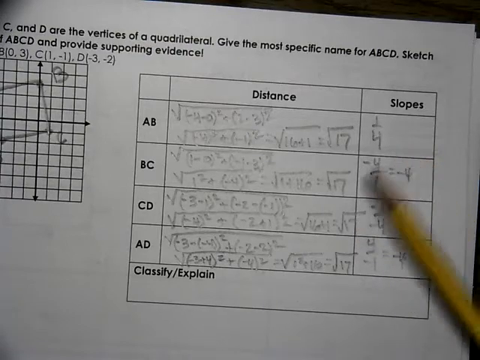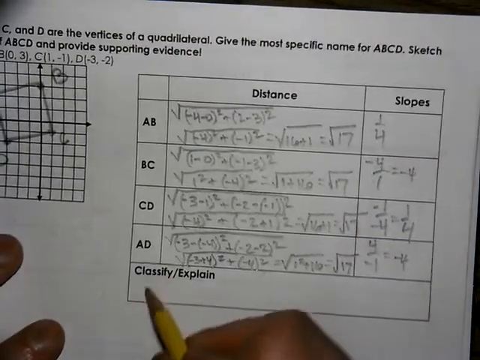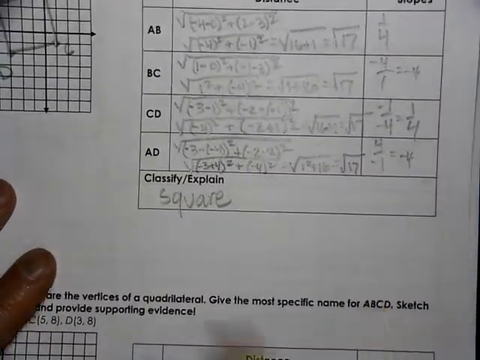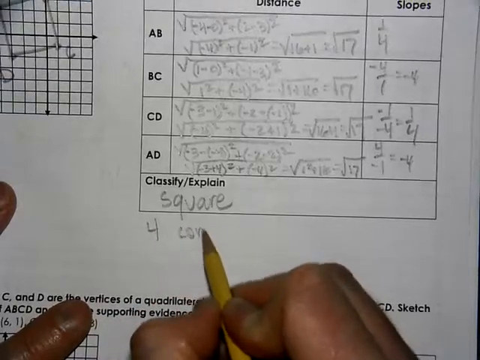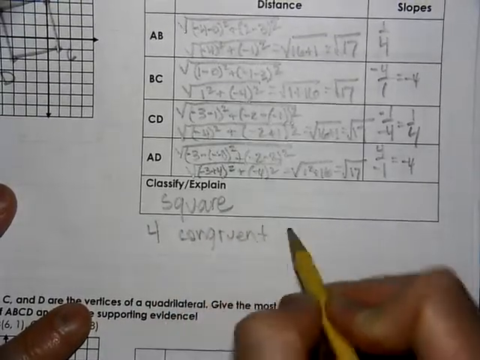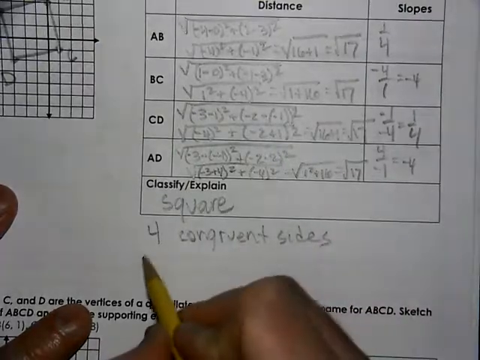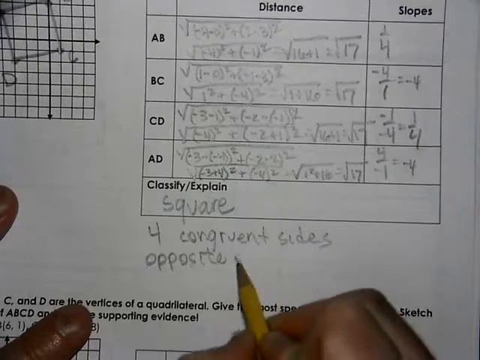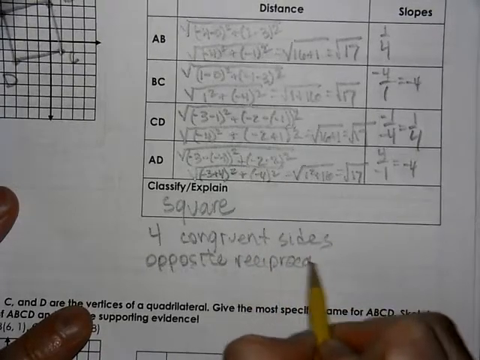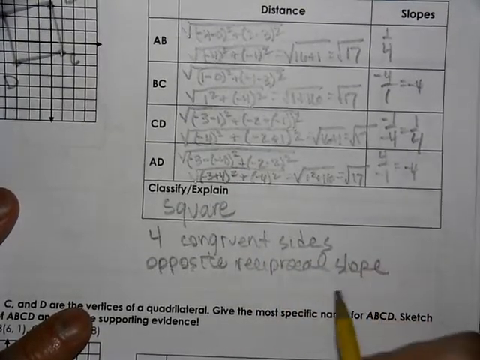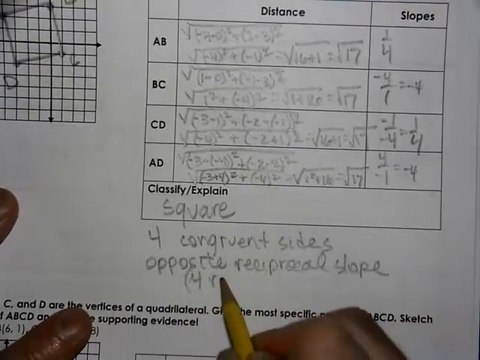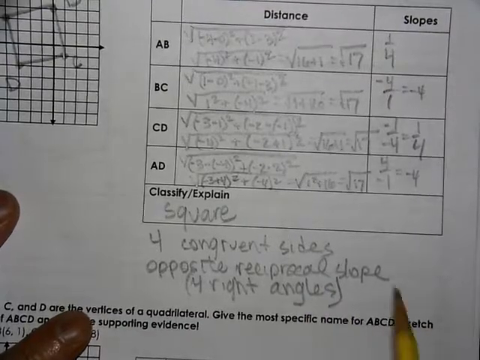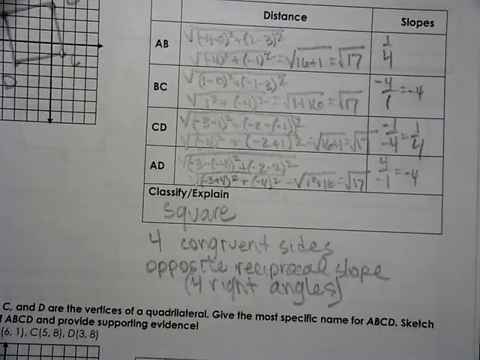So this is a rectangle and a rhombus, which makes a square. The opposite reciprocals make 4 right angles.